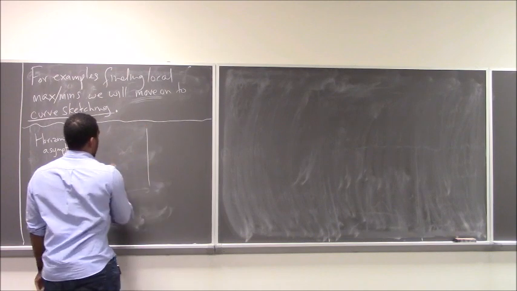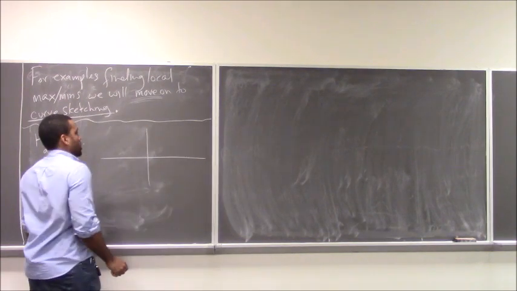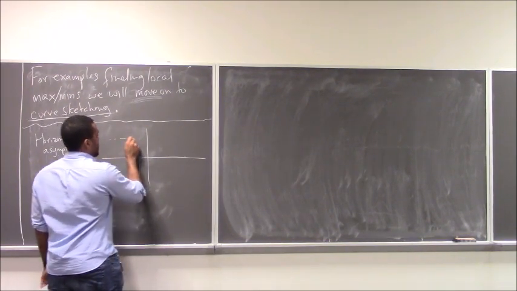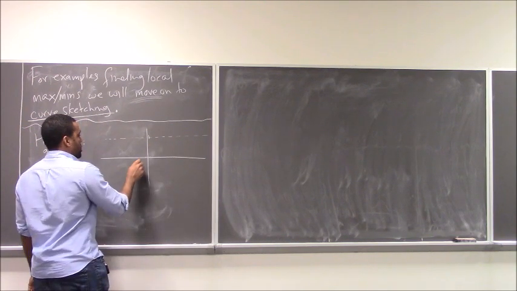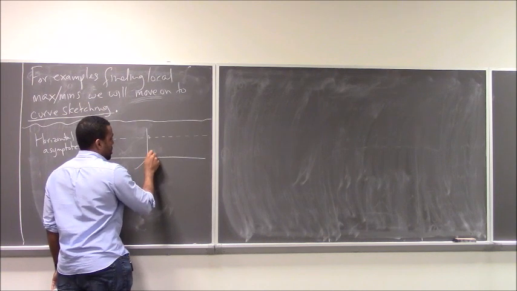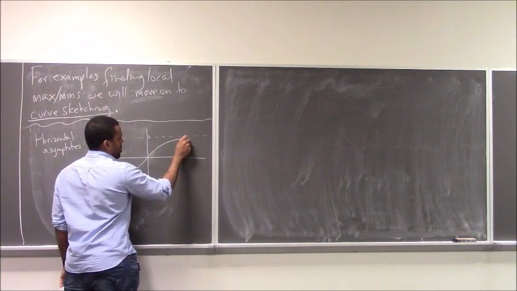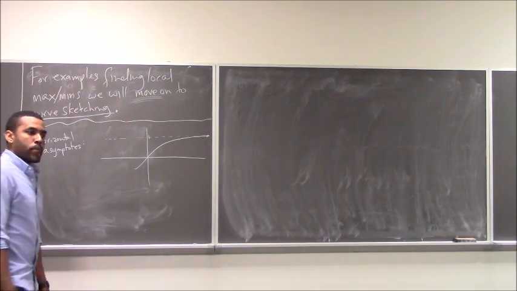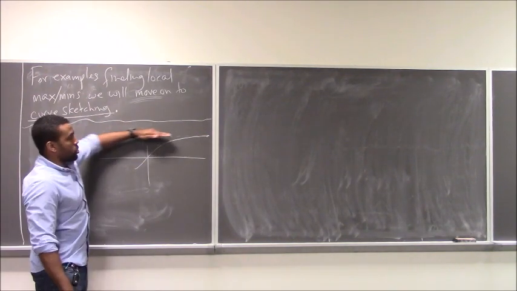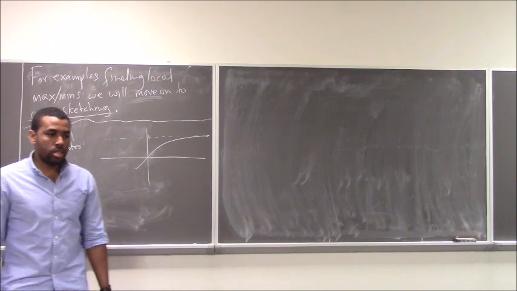So you can have a graph, let's say there's this horizontal line here, going through 1, and as your function is going to infinity, it's leveling off, getting closer and closer to 1, probably never touching it. This line y equals 1 would be considered a horizontal asymptote.